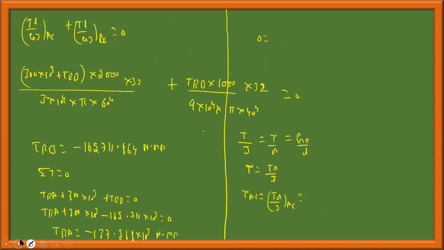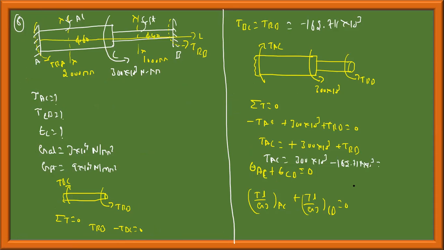TAC is equal to, that is minus 137. Okay, this will be 300, this will be plus 137.288 into 10 power 3.